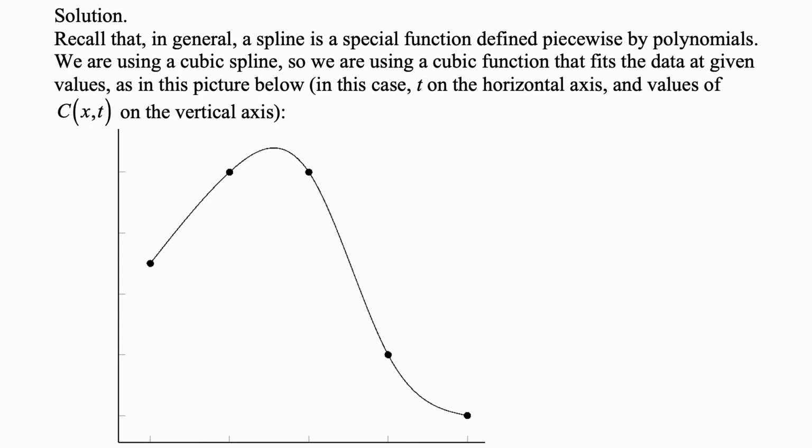If you have any polynomial function, this is what it's supposed to do, fit the points. In the picture, the values of the spline are on the vertical axis, and t is the horizontal axis.